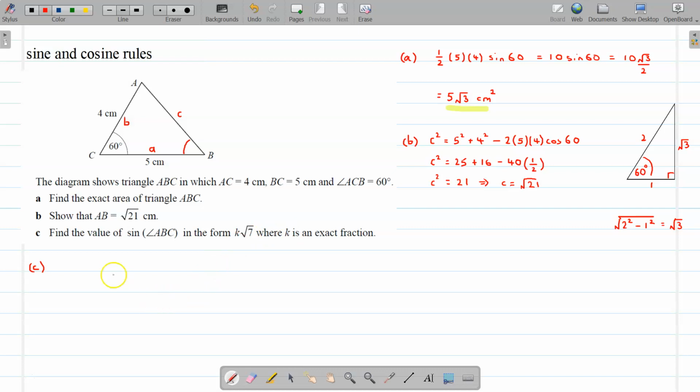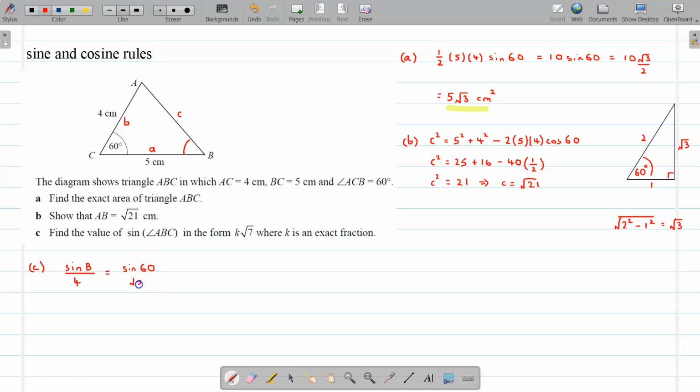All right, so what I'm going to do is say that using the sine rule, sine B, that's what I need to find, divided by 4, that's the length opposite, is equal to, so it's like sine B over b equals sine C over c, which is equal to sine 60 over c, and we know c, that's lowercase c, to be the length root 21.